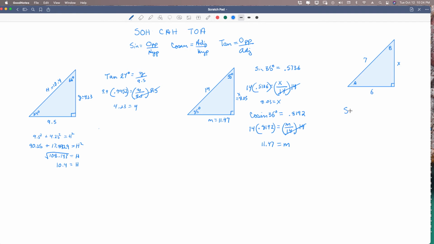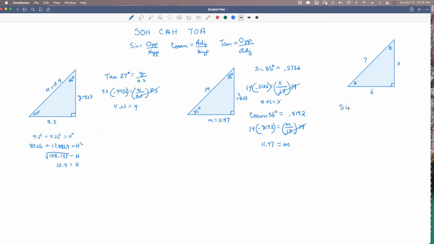If we used sine of A, that would be the opposite, x, over the hypotenuse, which would be 7. We have one number and two unknowns, so we can't use the sine of A. Let's see if we could use the sine of B.